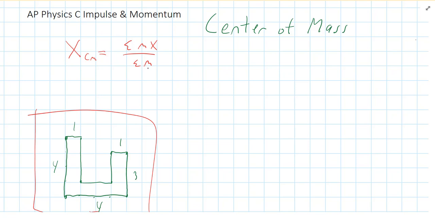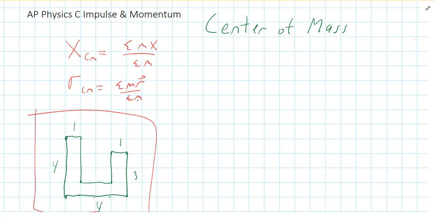More generally, you can say r_cm equals the sum of the m r's over the sum of the m's. That could be the x, y, or z direction. There is also an integral version of this, if the density of the object varies over position, but we're not going to worry about that right now.